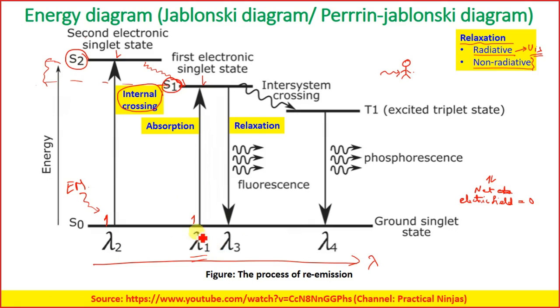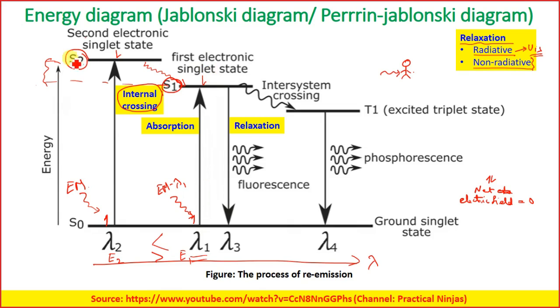So when we are coming to lambda 1, that means lambda 1 is greater than lambda 2. In other words, E2 is higher than E1. So if a molecule has the capacity to absorb electromagnetic radiation having lambda 1, then the electrons will go from here to here.